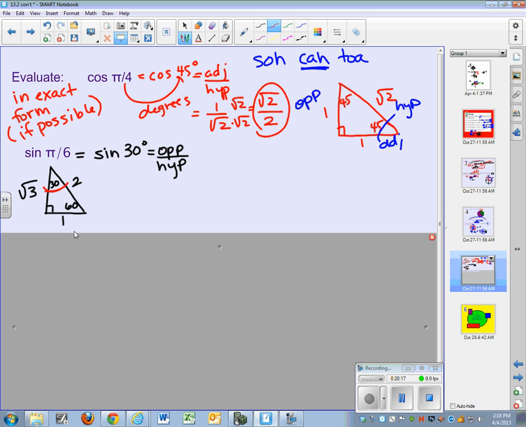The hypotenuse would be 2. And so our answer is going to be 1/2. Now this is one of the few cases that we actually could have plugged it into our calculator and got an exact form. So try it. Do the sine of pi over 6. And you're going to get 0.5.